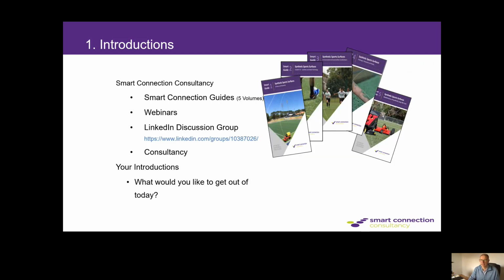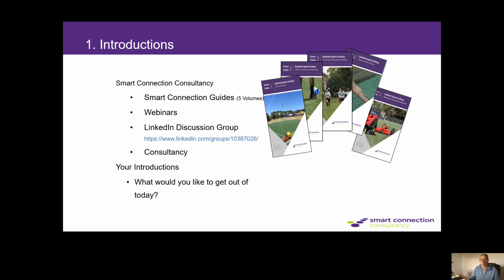So at Smart Connection, our commitment is to the industry to really try and make a difference so people can understand the need for more sports fields, natural turf fields, hybrid fields, hard surfaces. We're also using synthetic technology to rest the natural turf fields so that it's done in consultation and to complement the natural turf fields.